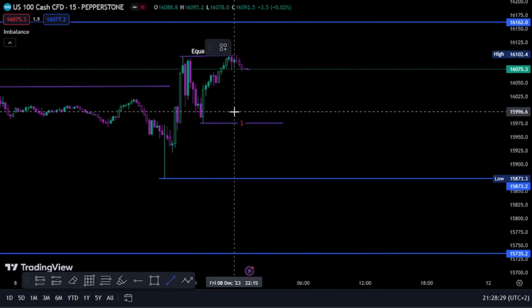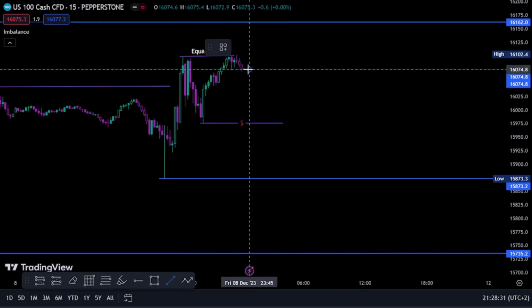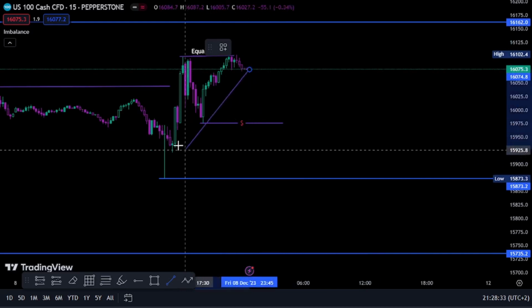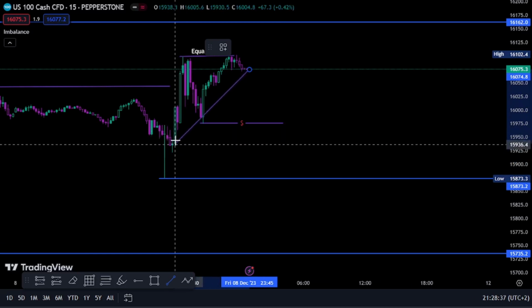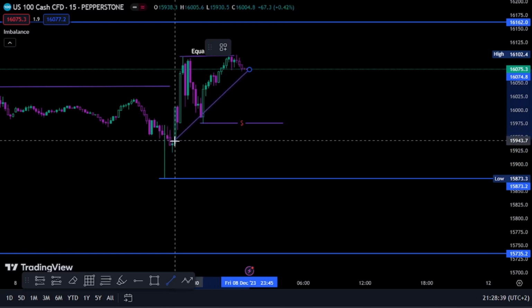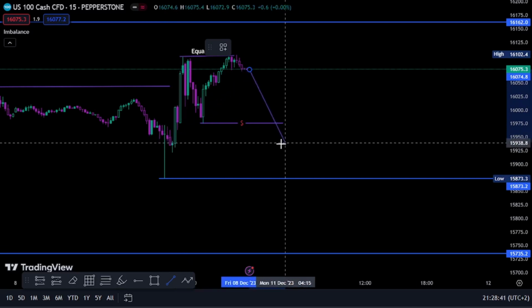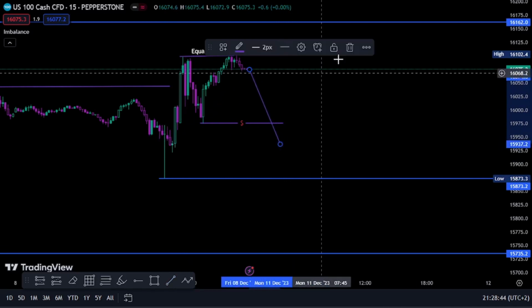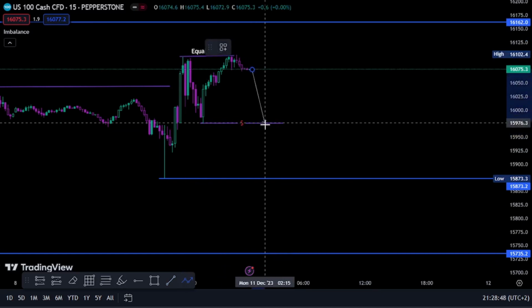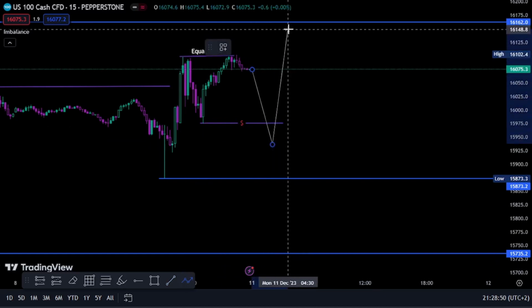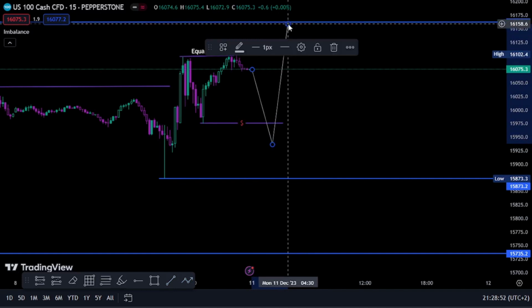So I believe that this is just liquidity. The market will come for this fair value gap and this order block below the fair value gap, and then the market will move up to these highs.